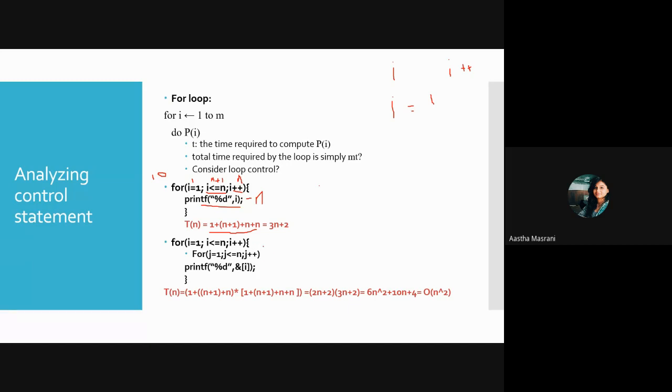Next, for the next statement of the for loop, the first statement will be the same. That is, first is initialization, then the condition n plus 1. For both loops, it will be the same. That is 1 plus n plus 1 plus n will be the same.